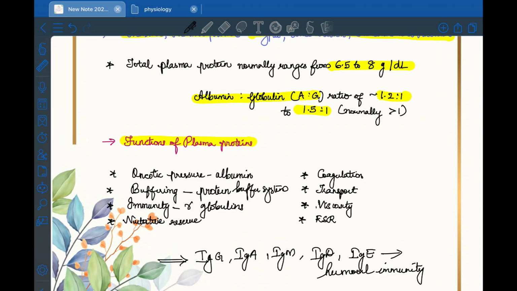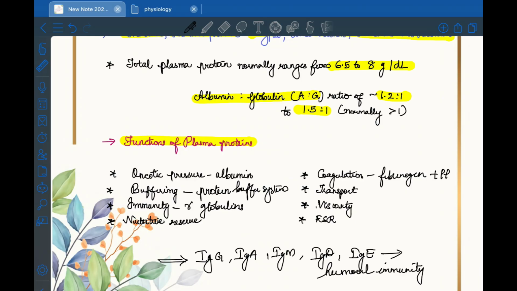Then the nutritive reserve. These plasma proteins act as a reserve for nutrition, especially albumin. And coagulation. This is mainly by fibrinogen and several other clotting factors, as well as plasma proteins. Then transport.